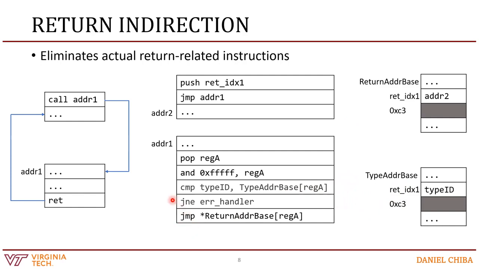And if that check fails, we jump to some sort of error handler. These 2 instructions are optional. And finally, we jump to the address stored in the return address table that's indexed by the index that we popped into reg A in this case.